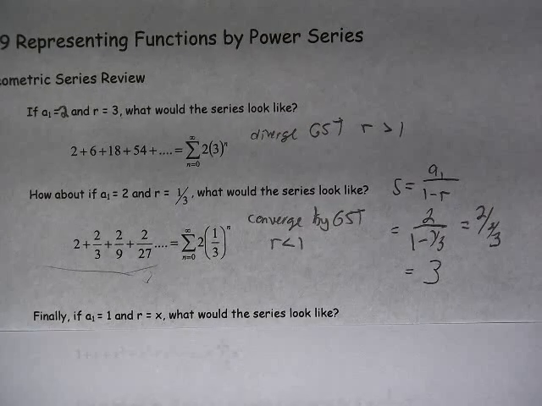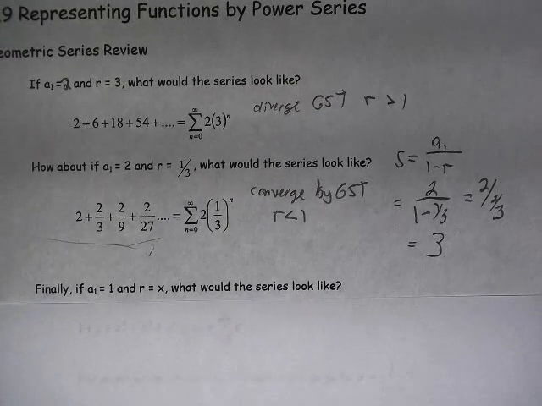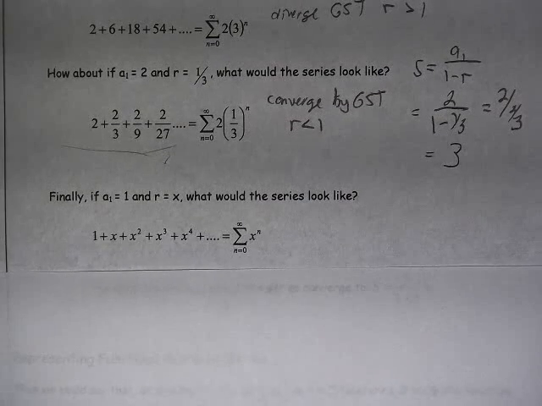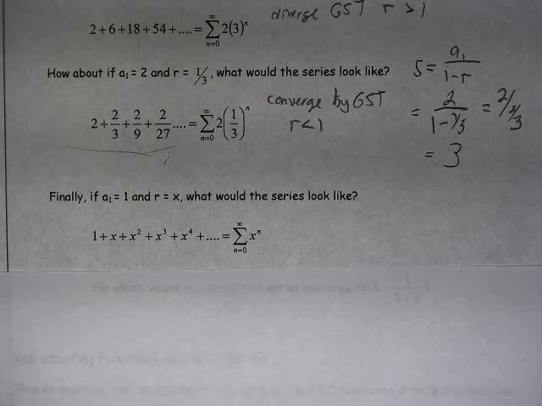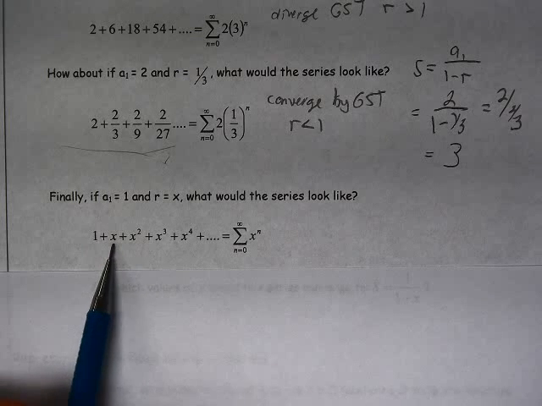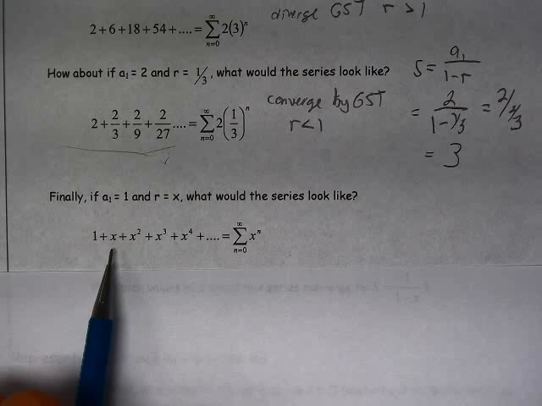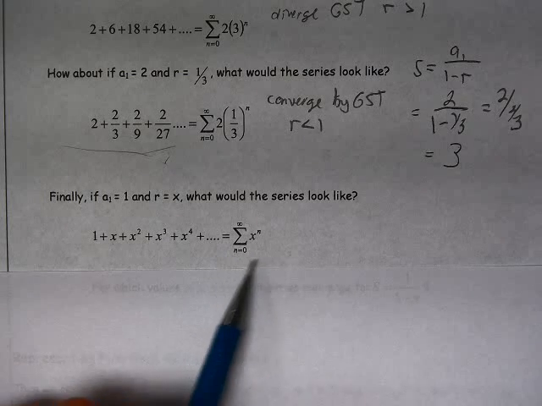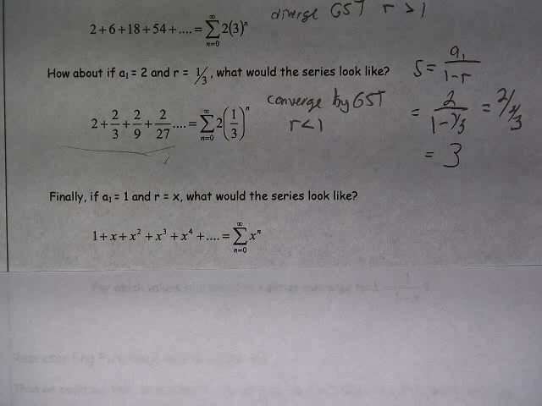So now let's make a sub 1 equal to 1 and r equal to x. And the series would look like this. So it's 1 plus x plus x squared plus x cubed plus x to the 4th, and the summation notation would look like this. It would be the sum of x to the n.